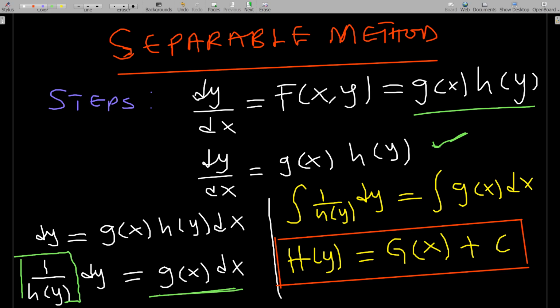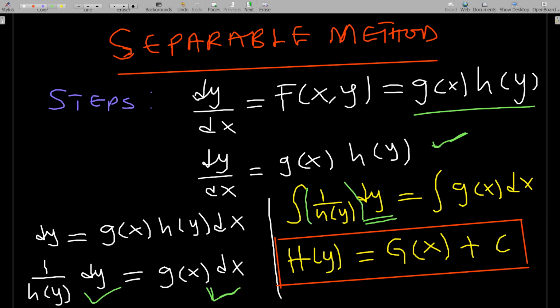You realize that the left side of the equation includes only y variables, and the right side only x variables. Then you can integrate through the equation based on their respective variables. Integrate the left side with respect to y, where all functions will be in terms of y.